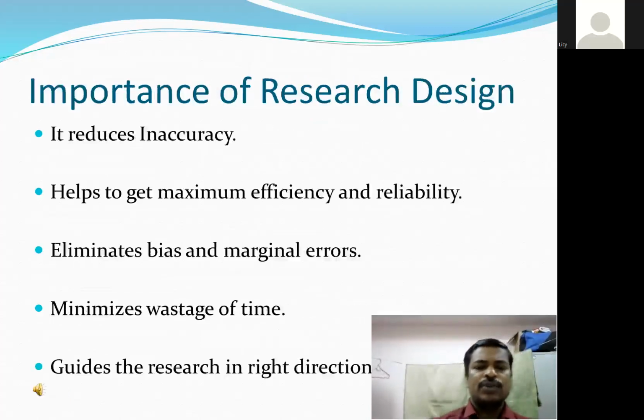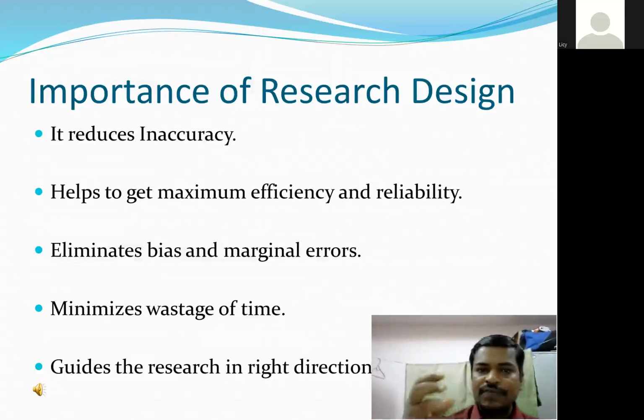Next we discuss the importance of research design. It reduces inaccuracy. Our sources of information should have accurate data, so the chances of inaccuracy should be reduced with the help of research design. It also helps to get maximum efficiency and reliability, and eliminates bias and marginal errors.